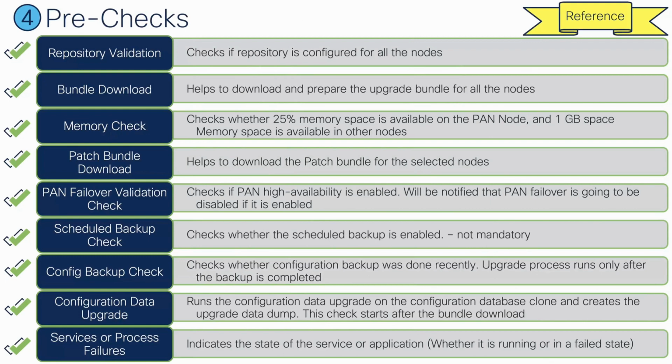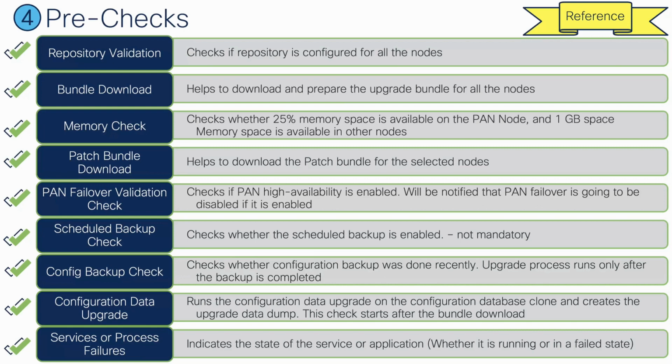It's going to validate whether PAN failover is enabled. If it is, it will automatically disable it during the upgrade process. It's going to verify whether you are running any scheduled backup, which would hamper the upgrade deployment, and it will mention that you are running a scheduled backup.